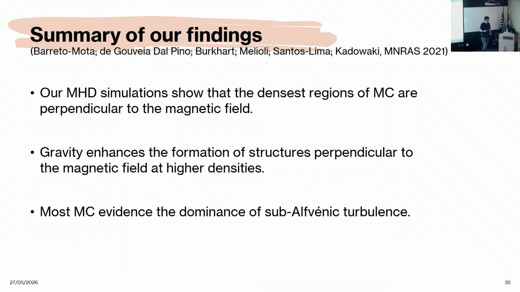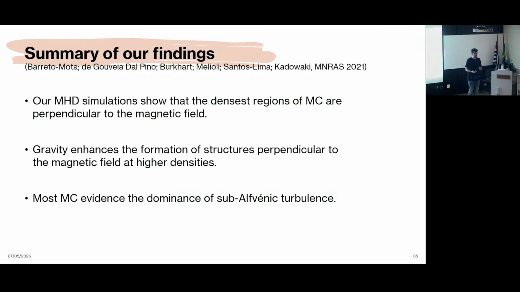Gravity enhances the formation of perpendicular structures, especially at the higher densities. And in the end, it doesn't matter if the field is strong or not. At some point, you end up accumulating enough, and it becomes important. But our results seem to point towards a dominance of sub-Alfvénic turbulence in these regions.